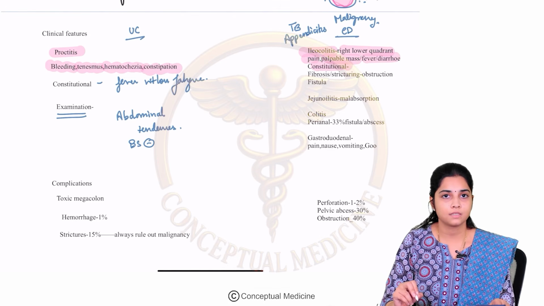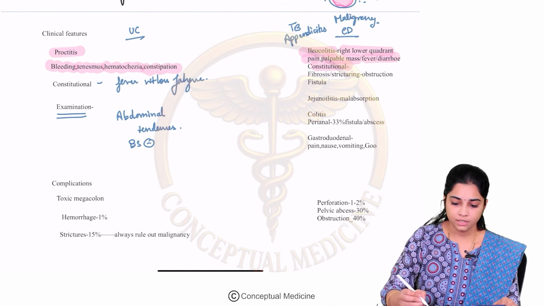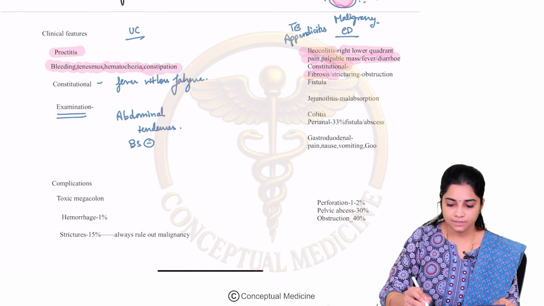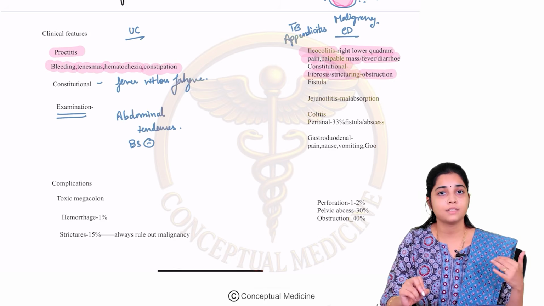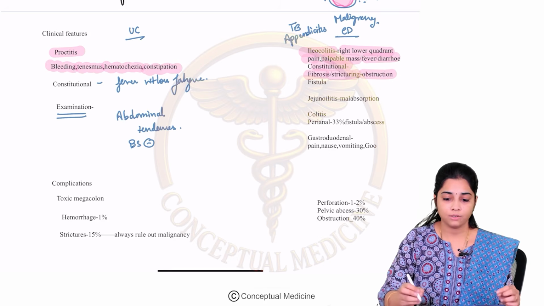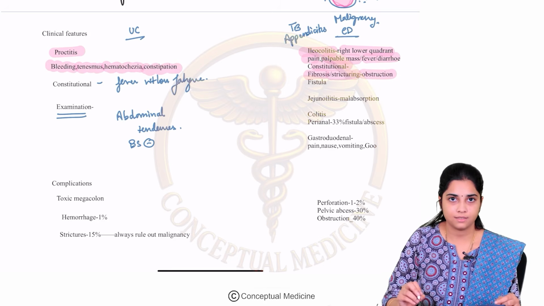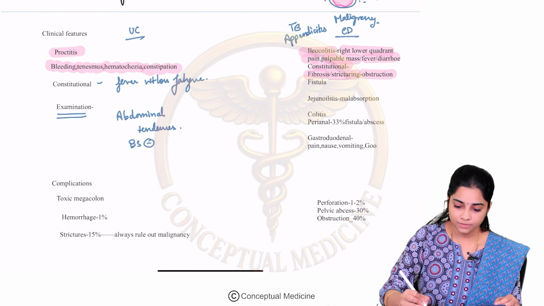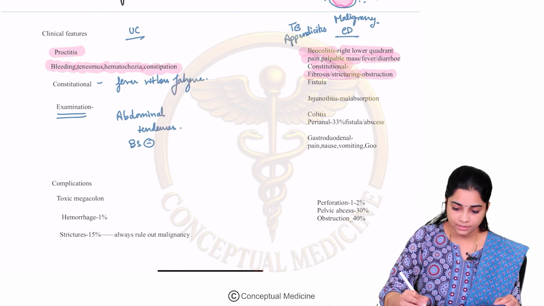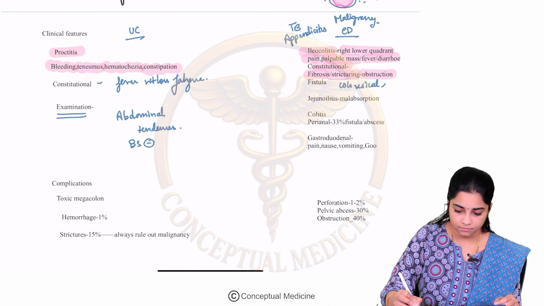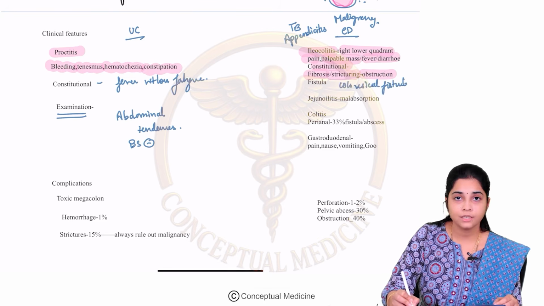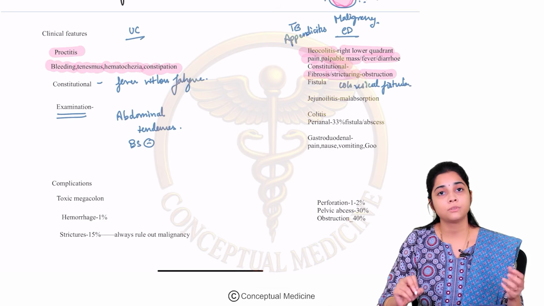Since Crohn's disease has transmural involvement, it can have fibrosis and stricturing, finally leading to obstruction. And since there is transmural involvement, it can also form fistulous tracts. The most common fistulous tract is the colovesical fistula. Apart from that, it can also have enterocutaneous fistulas.